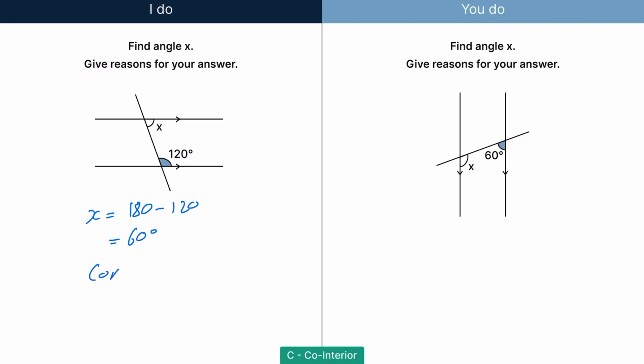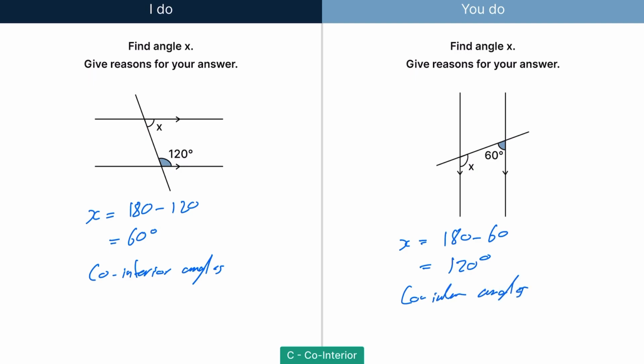And the reason is co-interior angles. And again, hopefully you've spotted the C shape here. It's like that. So we have X is equal to 180 take away 60, which is 120. And again, the reason here is co-interior angles.